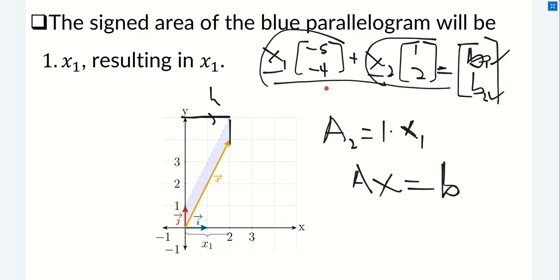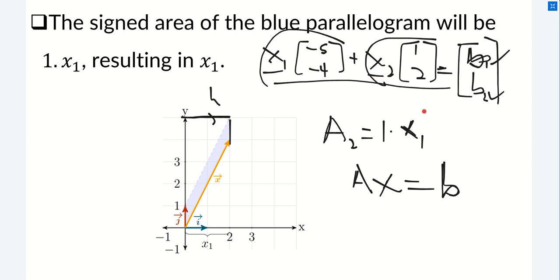So for us to be able to do this, we can also use the same area formula in order to get our x1 and x2 back.